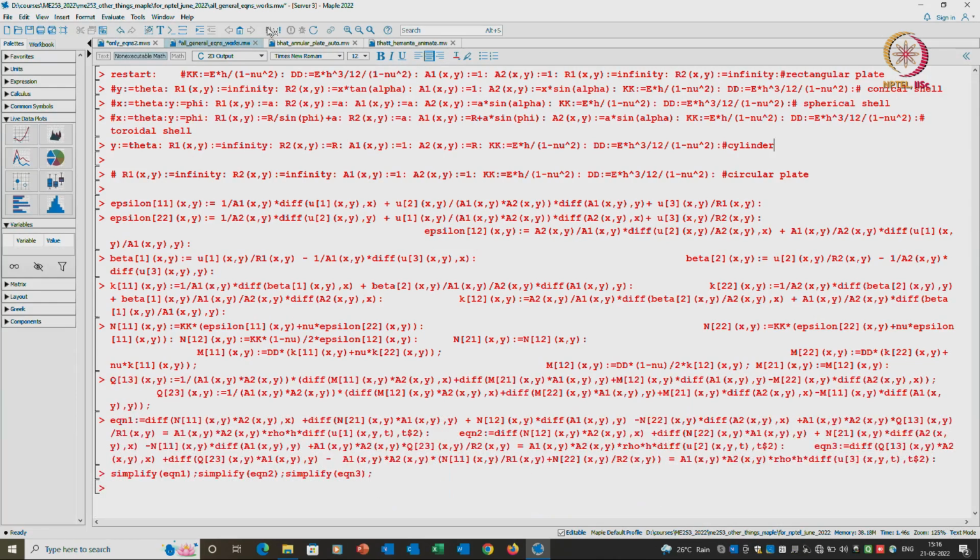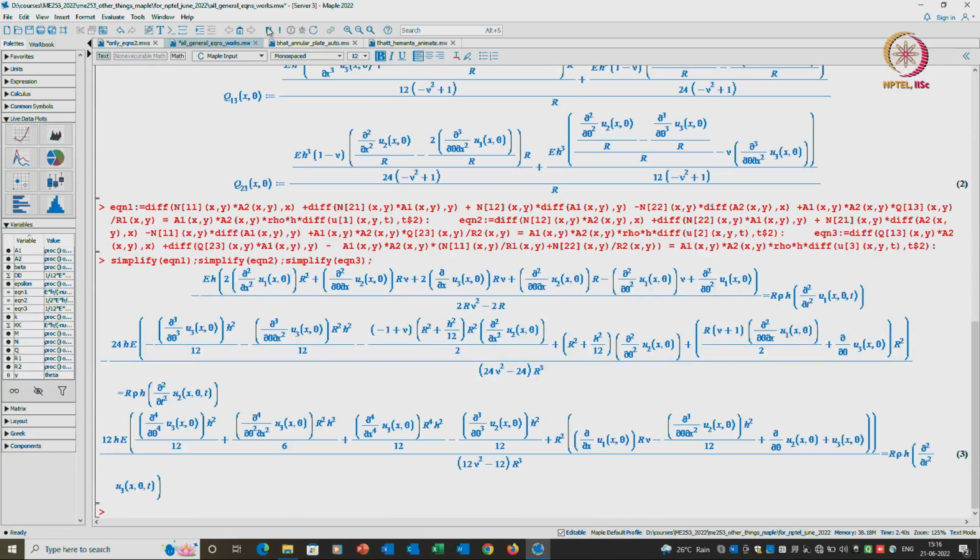These are the 3 cylinder equations. This is the axial equation, this is the torsional equation, this is the transverse equation. In each of these you will find u1, u2, u3. So they are all coupled.